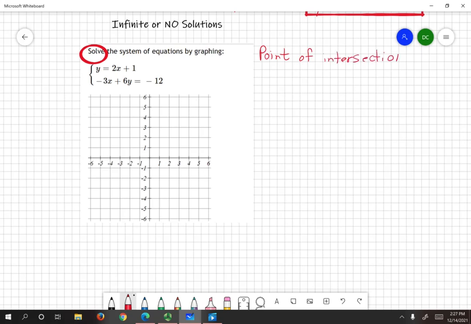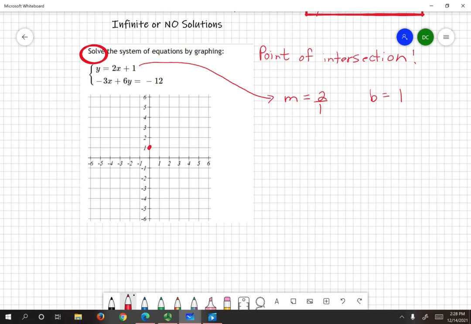That is solving a system of equations. So let's graph these two lines. In this first line, we'll graph it in red. We've got an m of 2, which I'm going to call 2 over 1, and a y-intercept of 1.